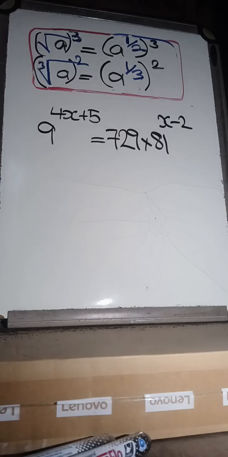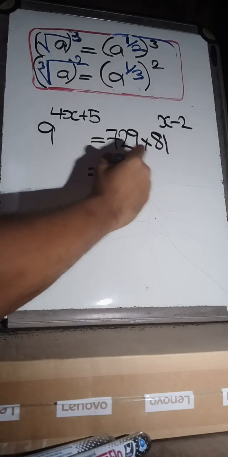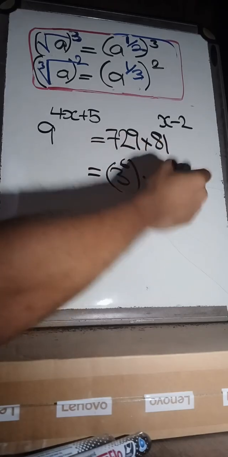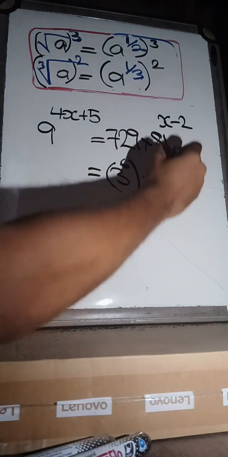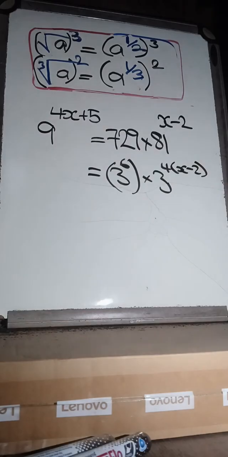Now, I know that this is 3 raised to the 6 based on what we did before. This is 3 raised to the 4, which is being multiplied by x minus 2.